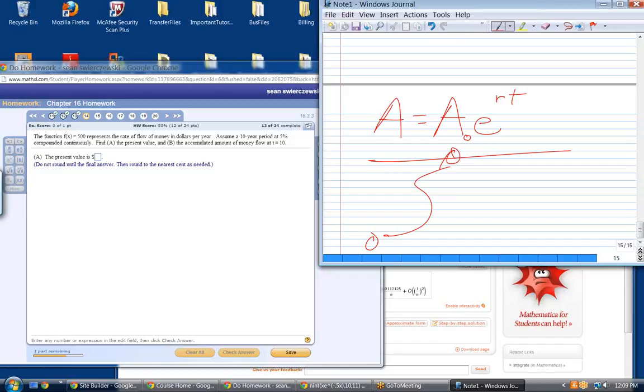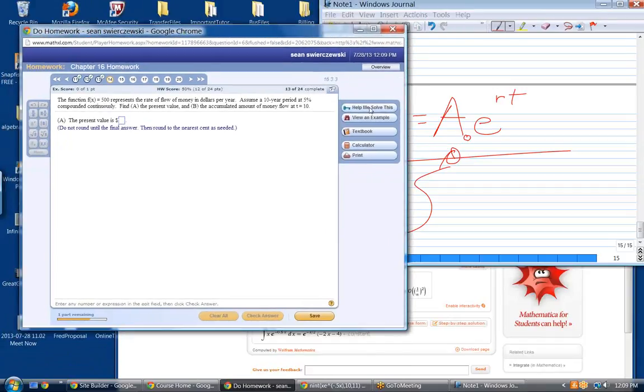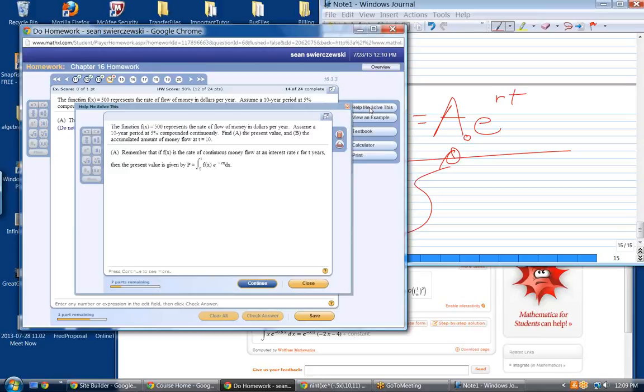This might be one where we have to look at a similar problem. I got a feeling there may be some functions here that I don't have the formulas for in my calculus book. We can use help me solve this. Yeah, let's do that just to save time. Maybe I'm overlooking something simple, but I don't want to spend 20 minutes on it and then discover that I've wasted your time. So let's do that.